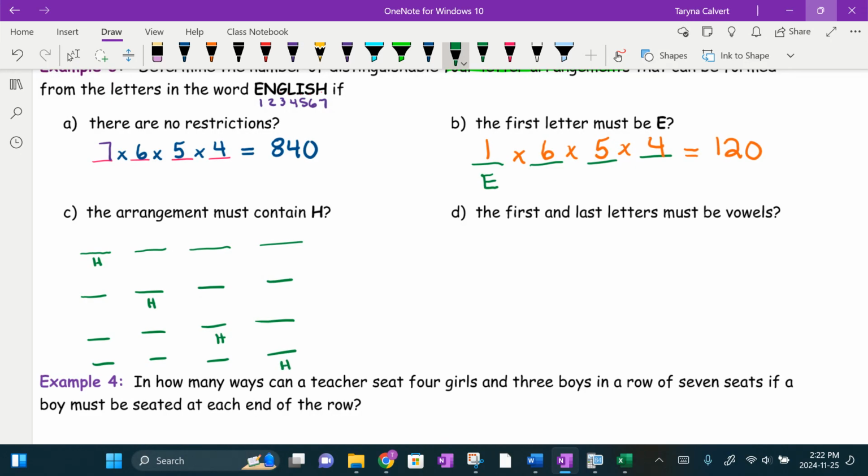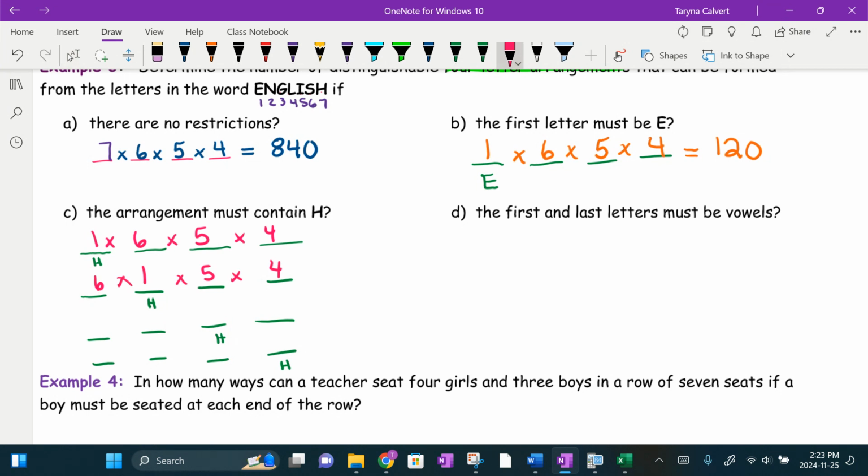Is each case going to multiply to the same number? Yes. So if you notice, each case is the same. You can do one case and times it by how many spots there are. So if H is first, it's going to look exactly like B. If the H is second, is it still going to multiply to the same thing?